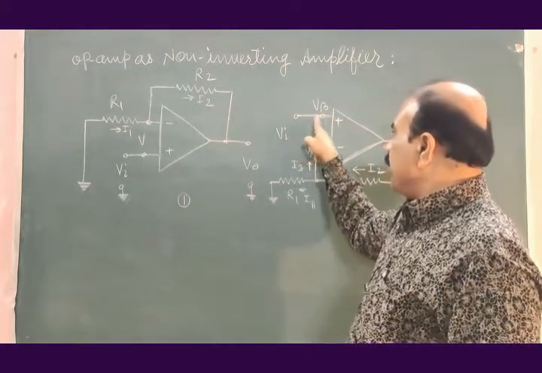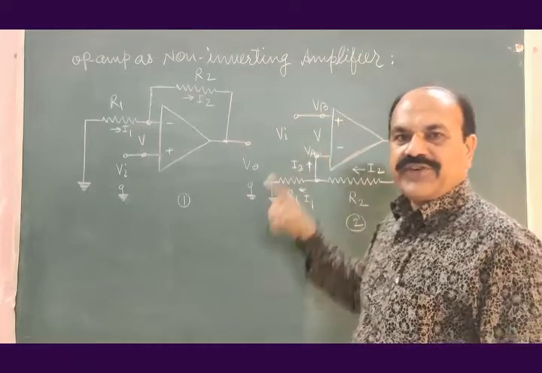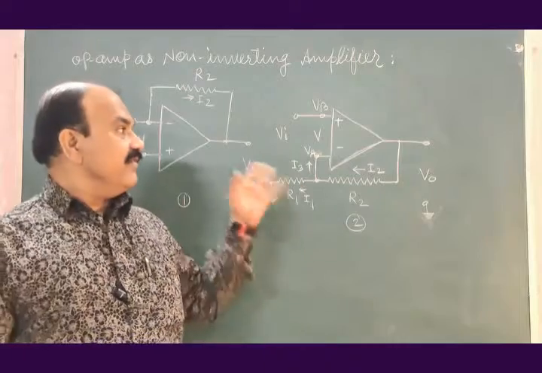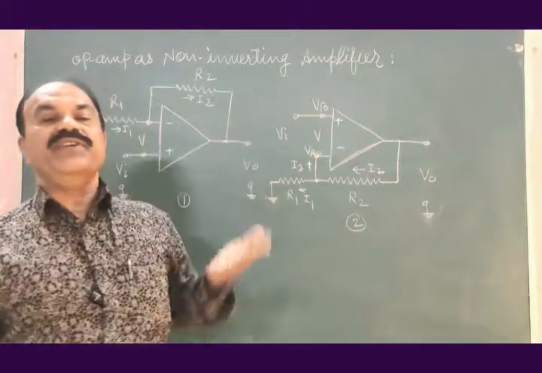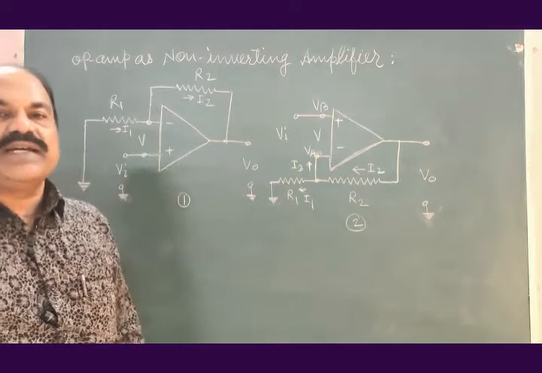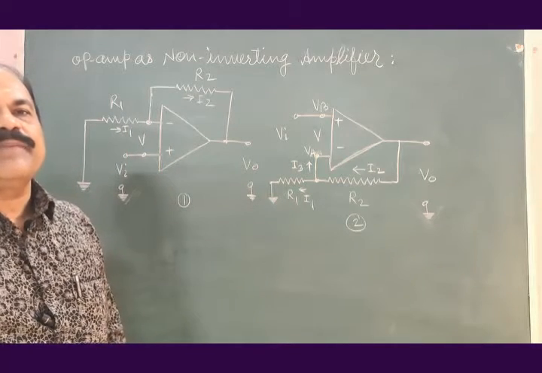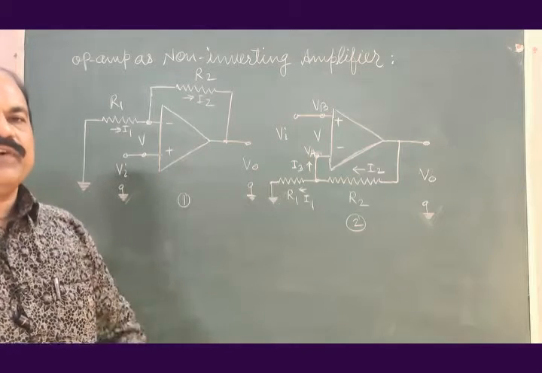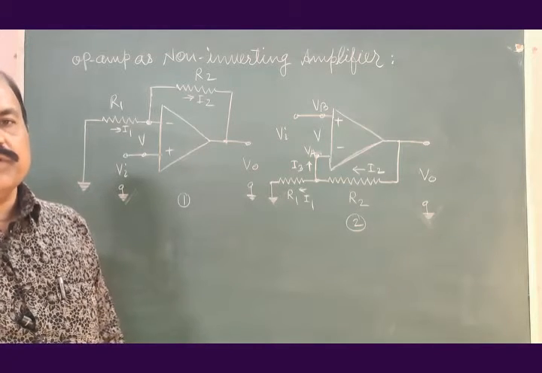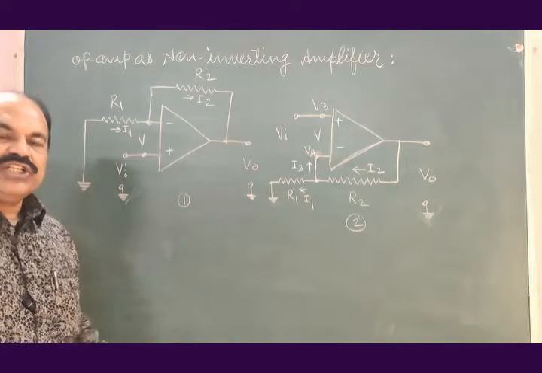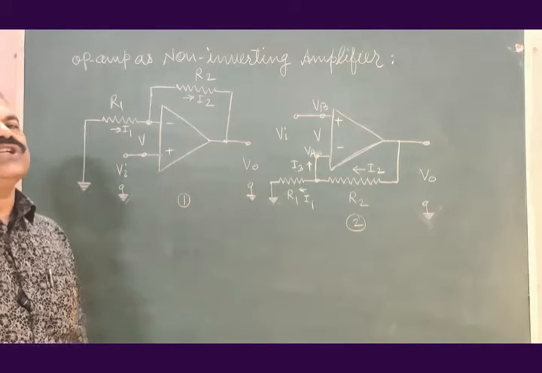Why is this figure drawn for the operational amplifier known as non-inverting amplifier? Because the input voltage to be amplified is given to non-inverting input and inverting input is grounded.